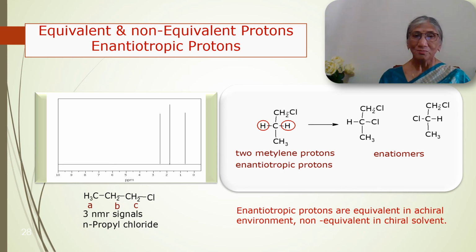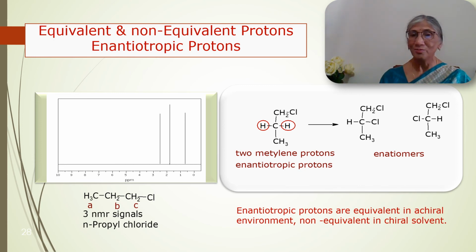Now there is a question about whether the two methylene protons of B are equivalent or non-equivalent protons. Now when we substitute methylene protons by, say, a substituent chlorine, then we get stereoisomers.